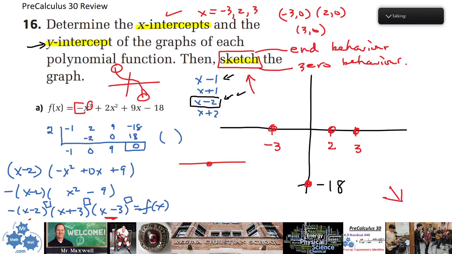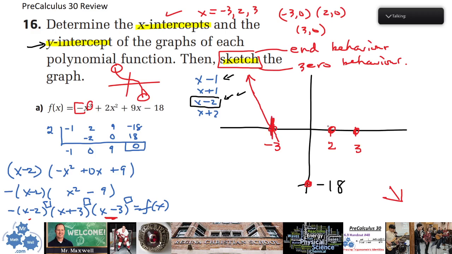All right, so with our multiplicities here, I have 1, 1, 1. Awesome. So what that means is that this should simply cross. Now we're going to have to come down and hit this negative 18. What we don't know is where it comes down, how far it comes down. But we know that it does come down at least to 18.